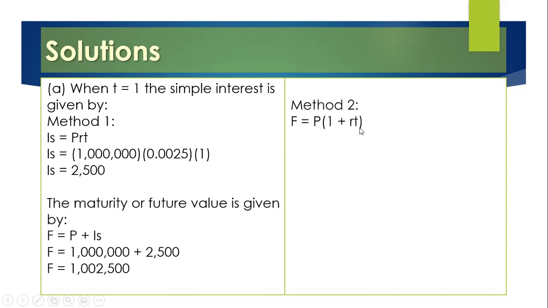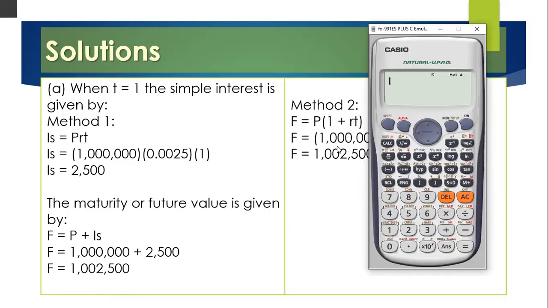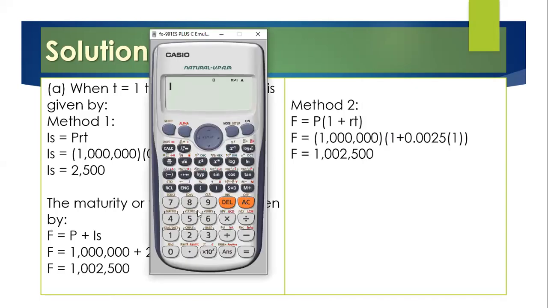So, yung method 2 natin is diretso na. So, sa formula, P multiply to 1 plus RT. Okay? So, that is 1 million times 1 plus 0.0025 times 1. So, direct po ito na makukuha natin yung 1,002,500 agad-agad. Okay? So, using our calculator, paano i-type? So, 1 million multiply to quantity 1 plus 0.0025, quantity 1 ulit.